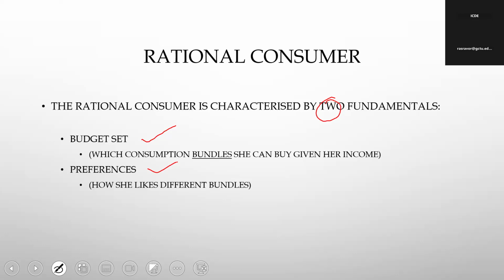Let's take it again. You have a budget set because you want to choose a bundle that you can buy, given your income. Then again, your preference influences the choices you make. For example, if I don't take fufu and you put banku and fufu, I will always go in for banku.